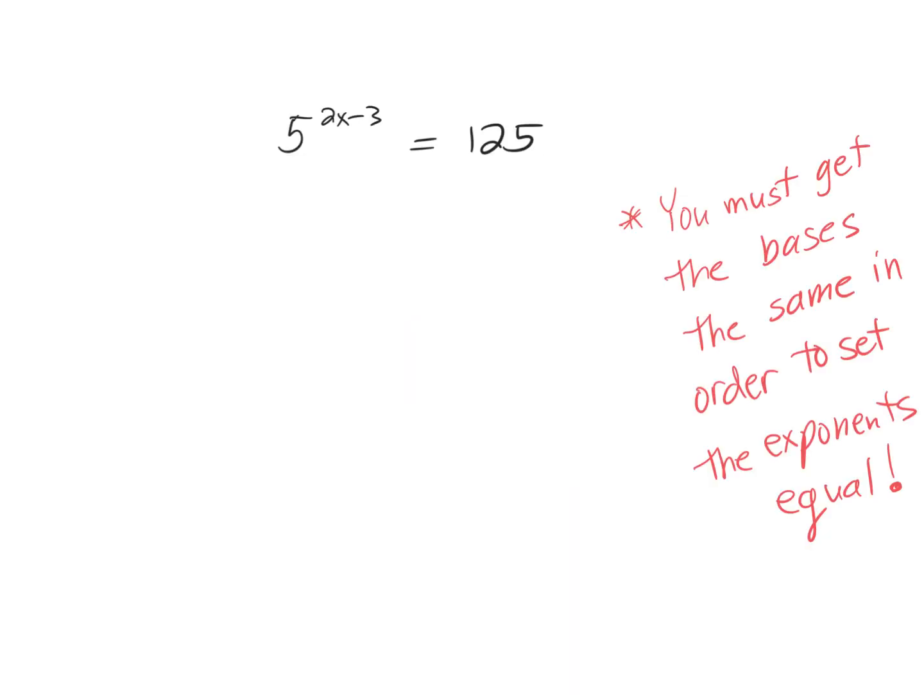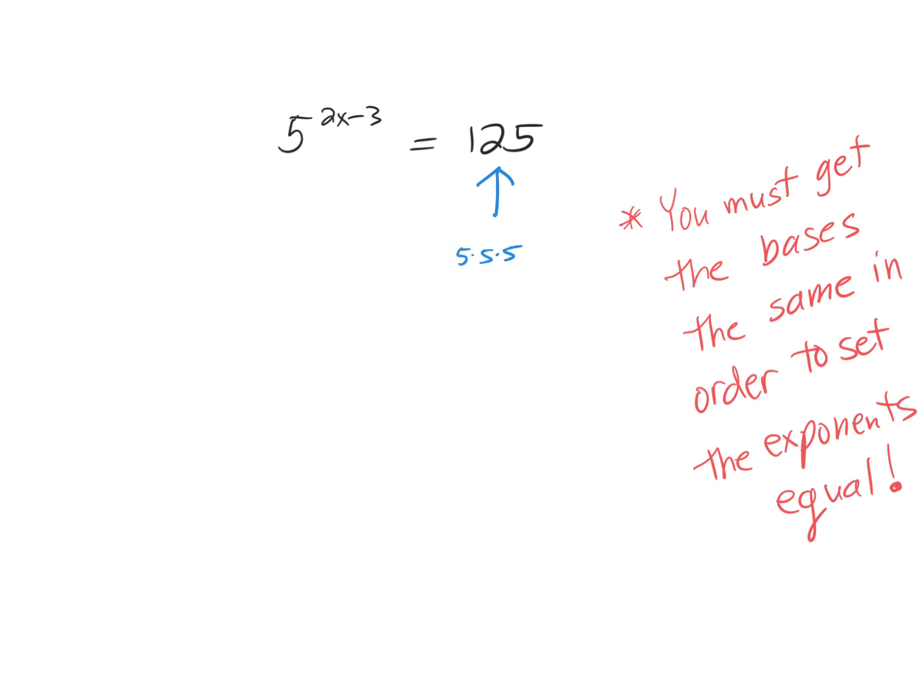Okay, here's the next problem. Notice that I have a 5 here and a 125. Over here I have written down, you must get the bases the same in order to set the exponents equal. So I'm going to go over to this number right here, and 125 is the same as 5 times 5 times 5.